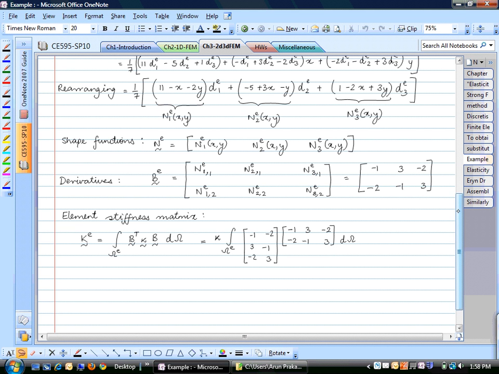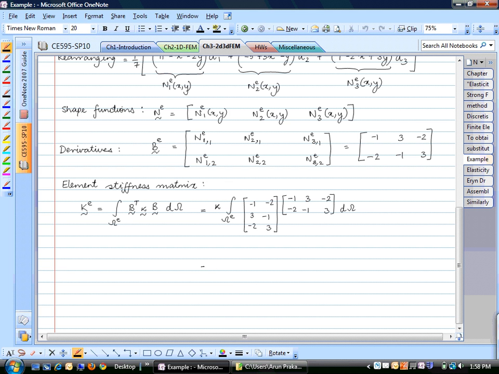So let's do that. This would be equal to kappa integral over the domain omega. The first element is going to be 5. Second element is going to be minus 3 times plus 2, minus 1, minus 1, minus 2, so this would be 2 times minus 4.